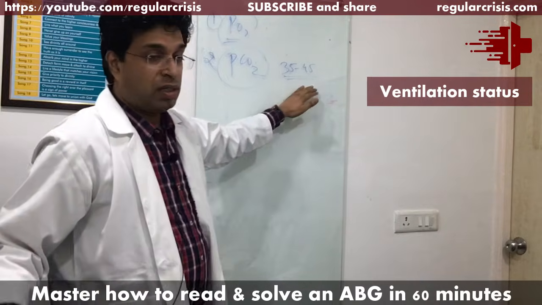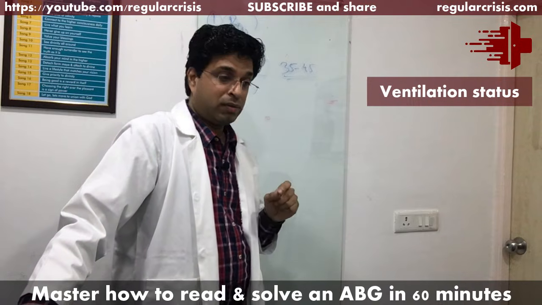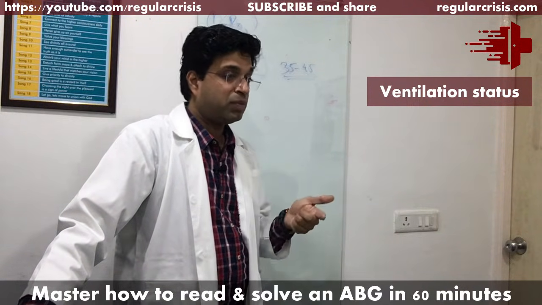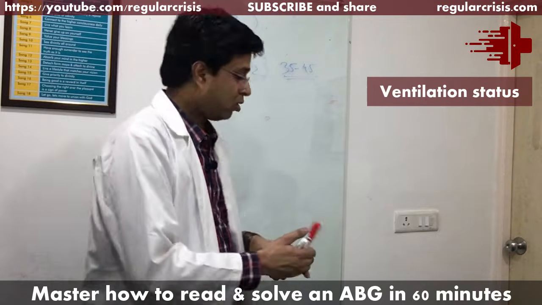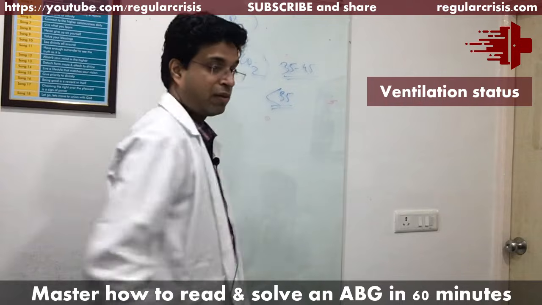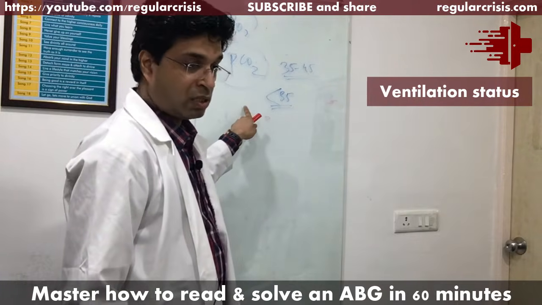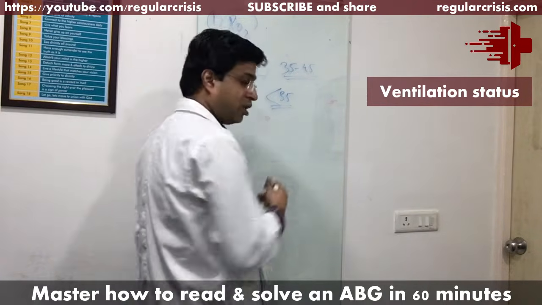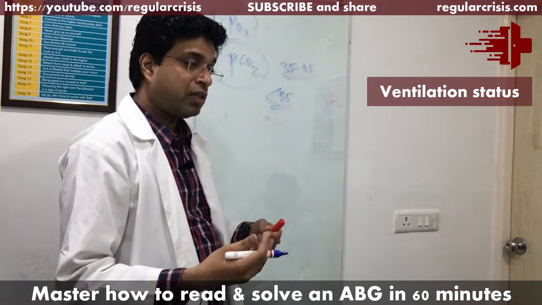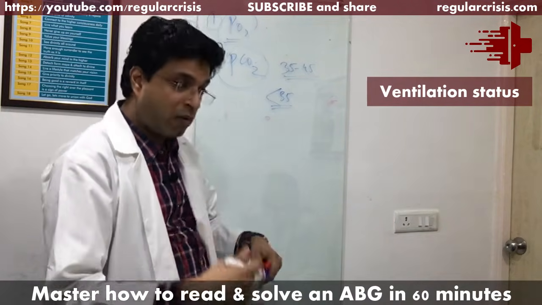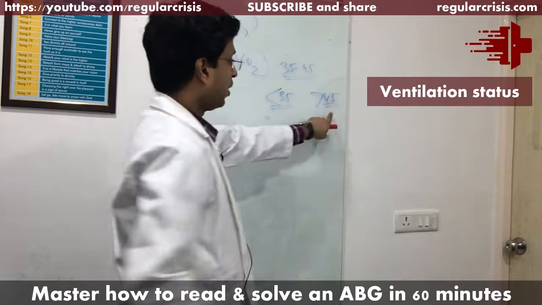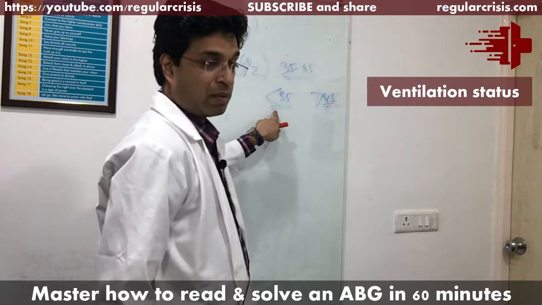Whenever the patient hyperventilates, PCO2 will wash out, so your PCO2 will become less than 35. So this will be hyperventilating. If the patient is shallow breathing and the PCO2 tends to rise, that means it is not ventilating, so hypoventilating. So it is called hypercarbia, and this is called hypocarbia.